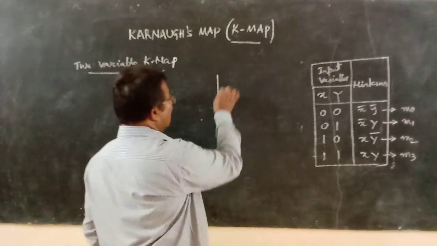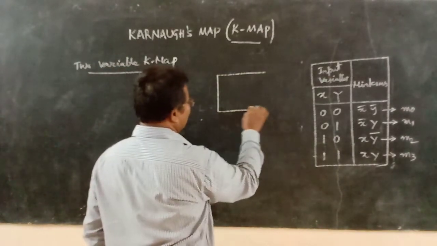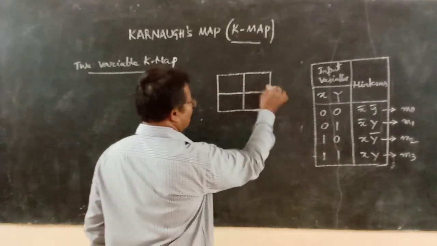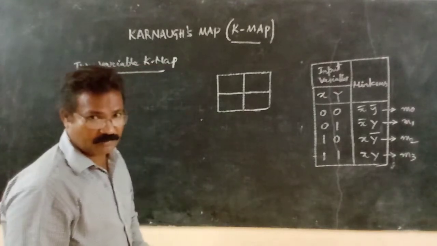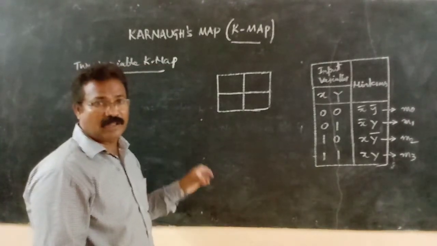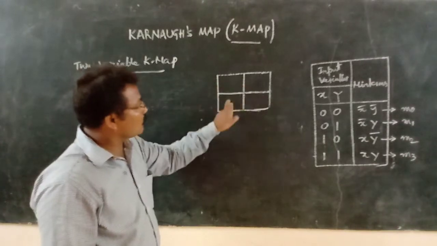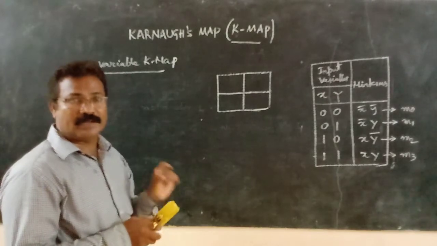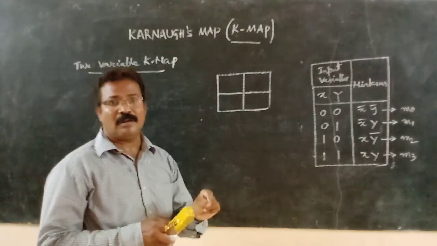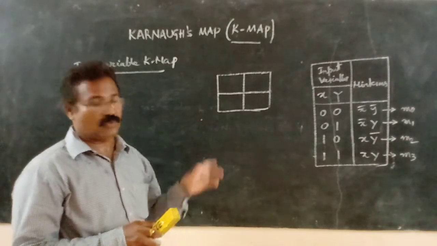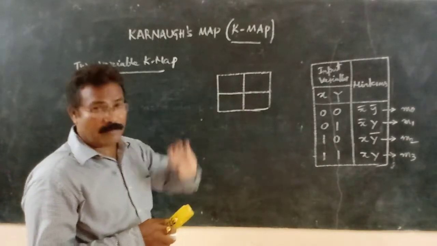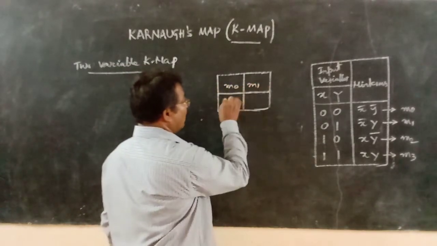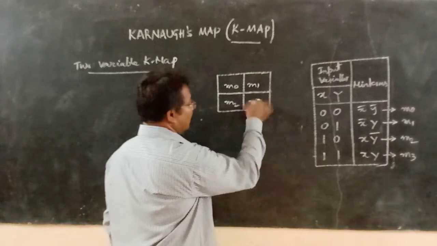So this is the format of the 2 variable K-map. It consists of 4 squares: 1, 2, 3, 4. Here each square consists of either a min-term or a max-term. So this is M0, M1, M2, M3.